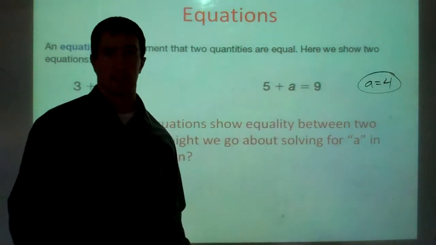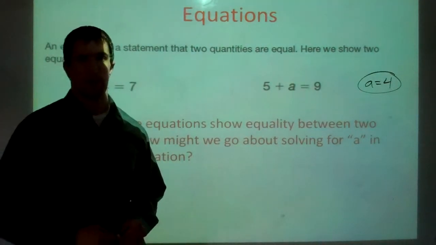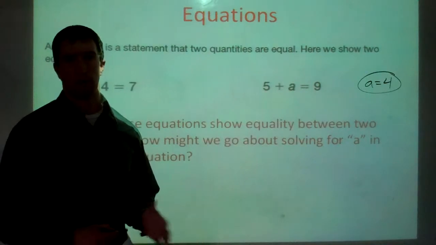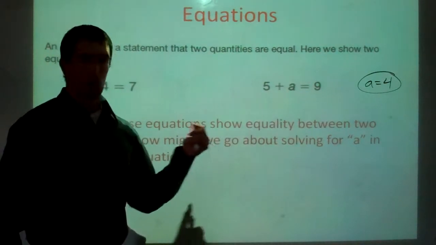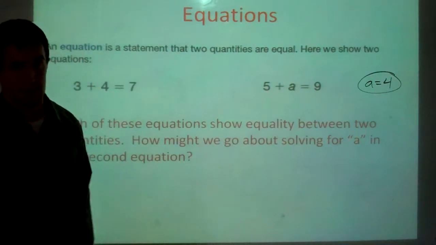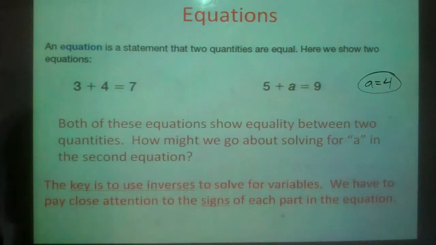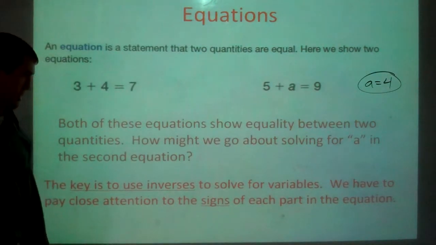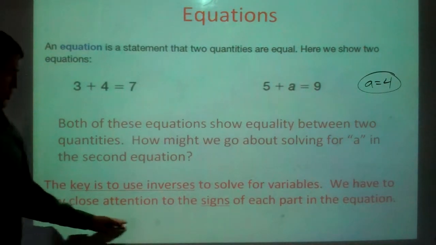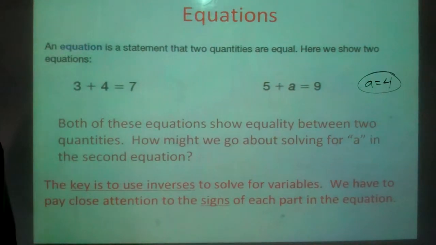And that is correct, but a lot of times in math we need to explain why we know that and show how we know that. So in an equation like this, when solving, we have to focus on inverses to solve for variables, and we need to pay attention to the signs of everything that's in that equation.